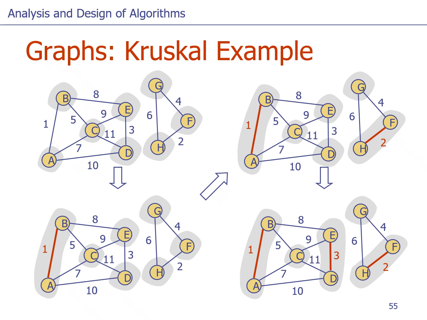Now here is again a visualization of what I have been describing. We start from the graph at the top left. We add the edge and check for cycles. As you see, the edges are being added in order of smallest to largest in terms of edge value, edge cost or edge weight, until we are done. So we'll add the 1, we'll add the 2, we'll add the 3.